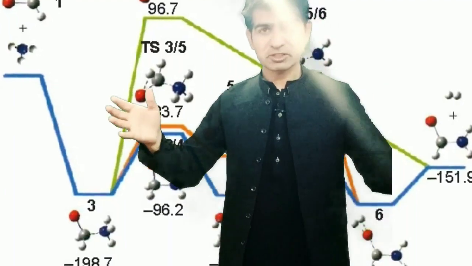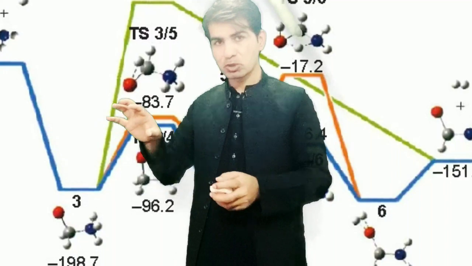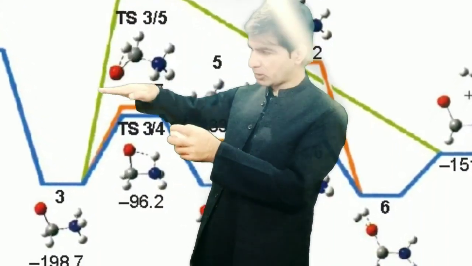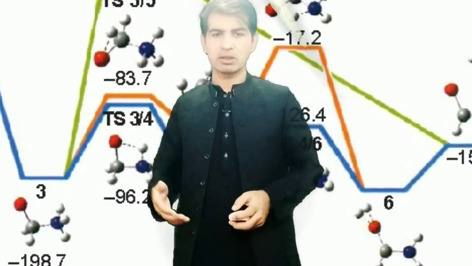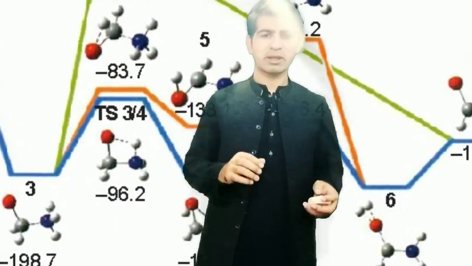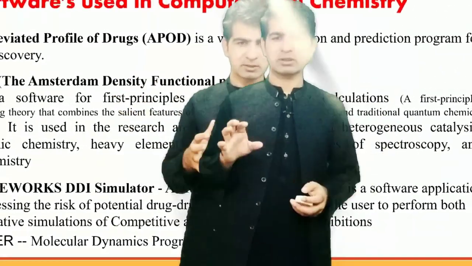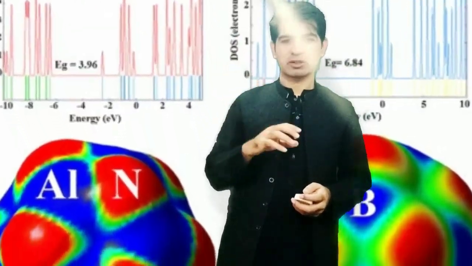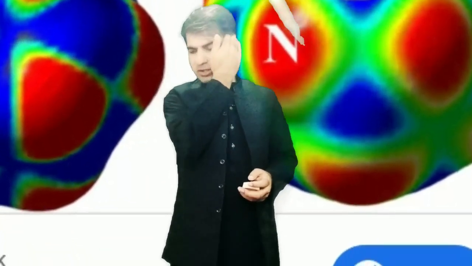There are different reaction mechanisms and different pathways for a reaction, but a computational chemist can tell you which pathway is easy, with low energy and a stable product. They also apply new software and hardware capabilities for data collection and analysis. The computational chemist can also design different experiments. These are the jobs computational chemists normally do.